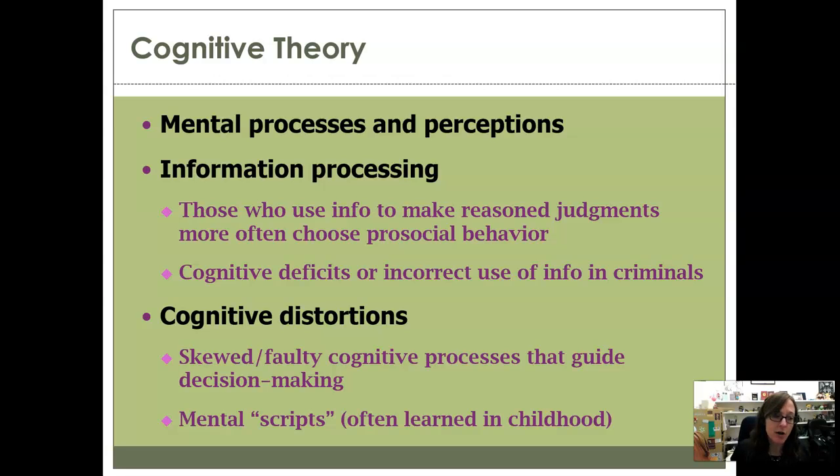There's also what's called all or nothing thinking. So, if somebody thinks, if I don't get all A's, I'm a total failure, that's all or nothing thinking. Another cognitive distortion is when people use their feelings as the basis for judgment, even if objective evidence doesn't support those feelings. For example, an OCD person who's washing their hands again and again because they don't feel clean, even though they've already washed them 3 times and objectively they are clean, but they don't feel it.